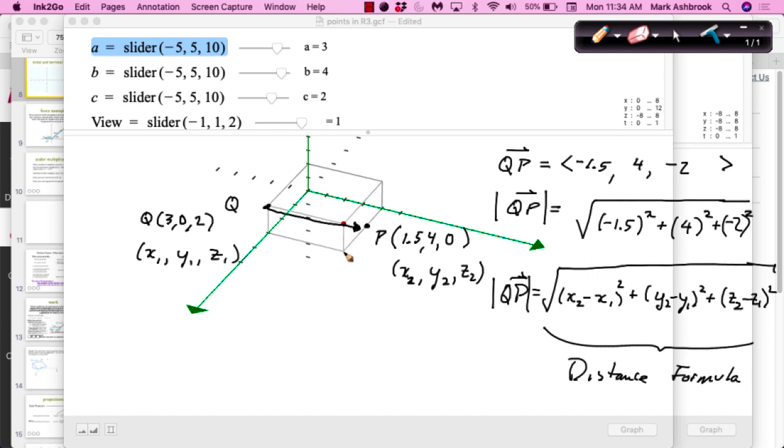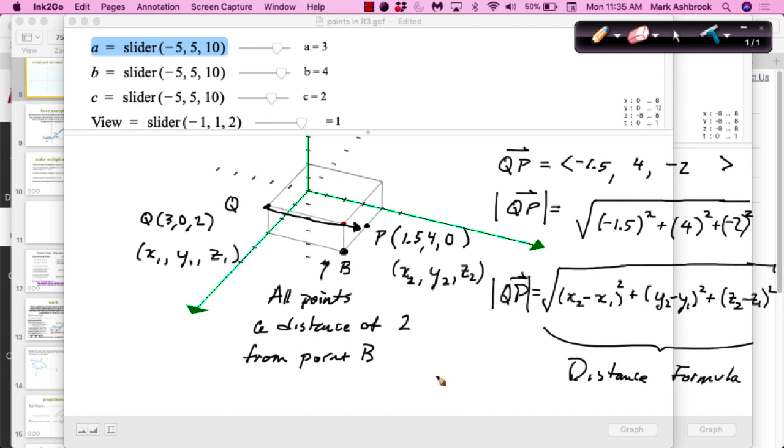Okay, so now suppose from this point, I want to mathematically show all points a distance of 2 from, let's call this point, say, B. So I want to mathematically represent all points that have a distance of 2 from point B. I want to use the distance formula to do that.